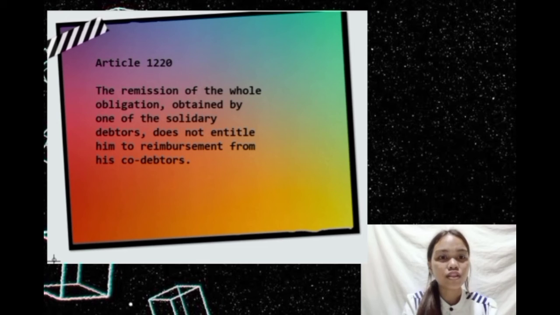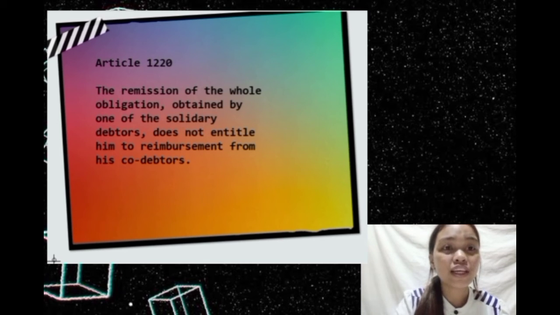For example, Jad and Princess executed jointly and severally a promissory note for 2,000 in favor of Kate.